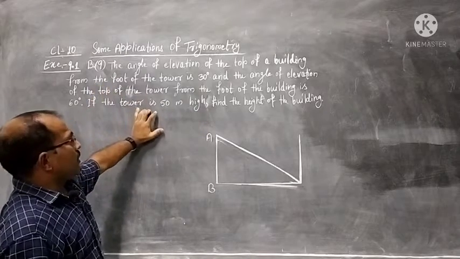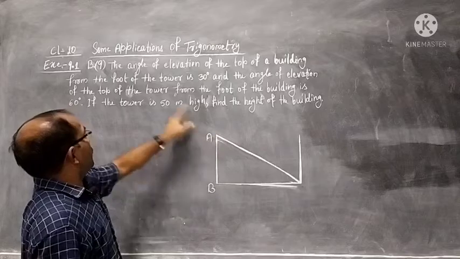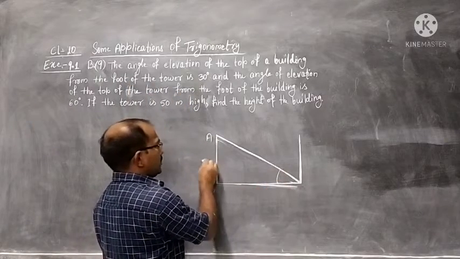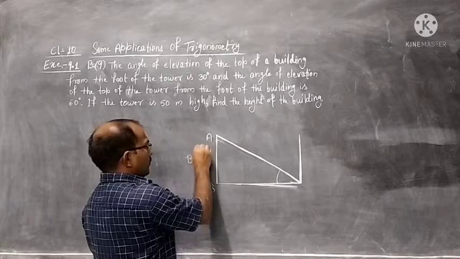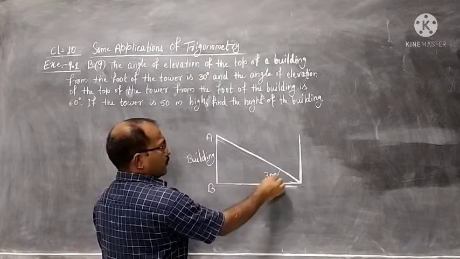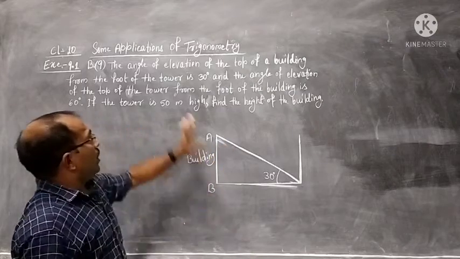That is another thing. The angle of elevation of the top of the building from the foot of the tower is 30 degree, if we have assumed this is the building.